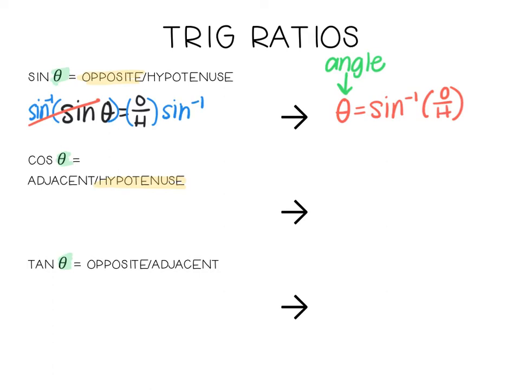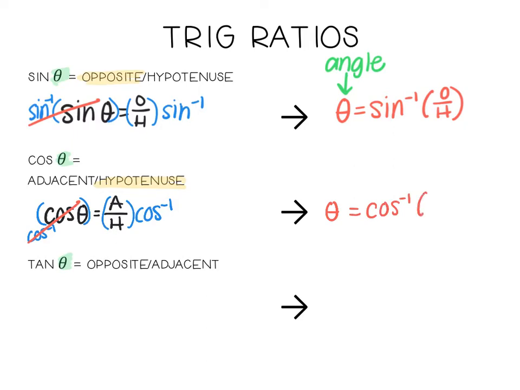We'll do the same thing with each of the other trig functions. I know that cosine of theta is adjacent over hypotenuse, so I'll be using the inverse of cosine. Then theta will equal the inverse cosine of the adjacent over the hypotenuse, and that will give me the angle.